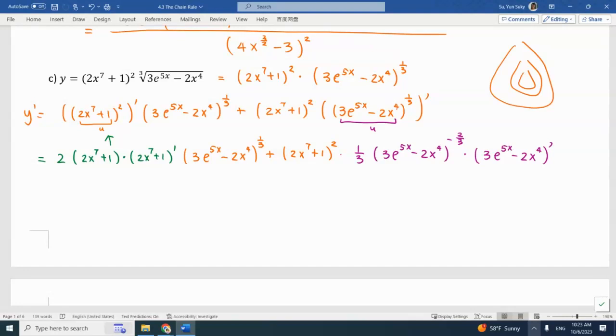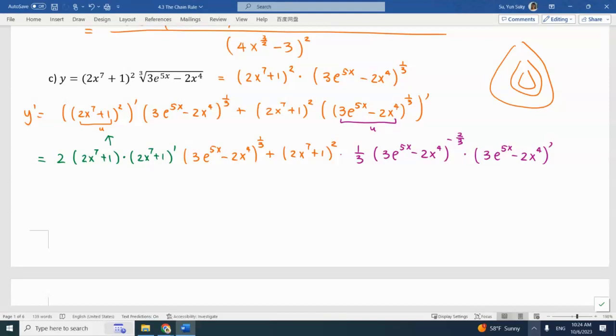Because when you use the product rule, you have the u as the first term of the first factor of the product. And then we use the chain rule 2 times. That's why I say you have the u in your mind, but don't write down the u. Write down what exactly the expression is. Okay, everybody?